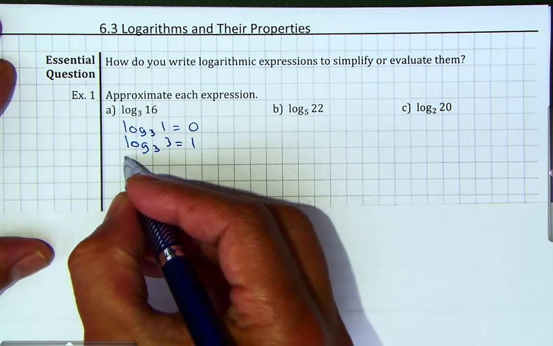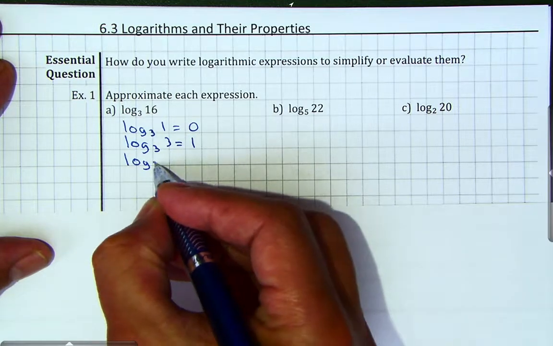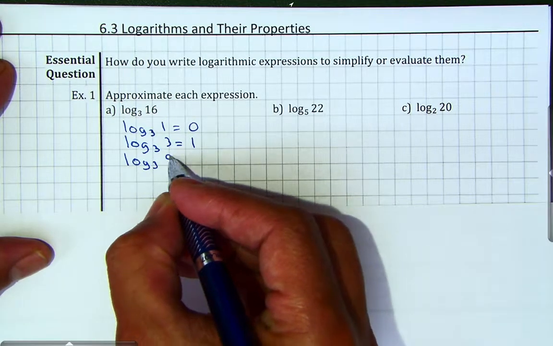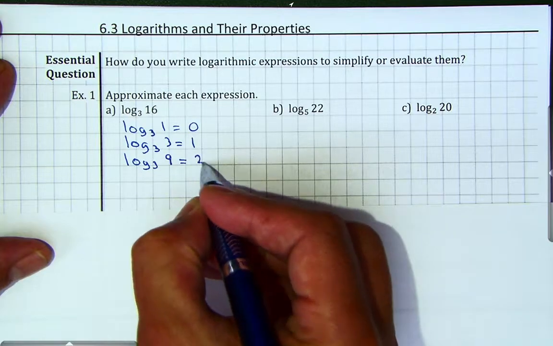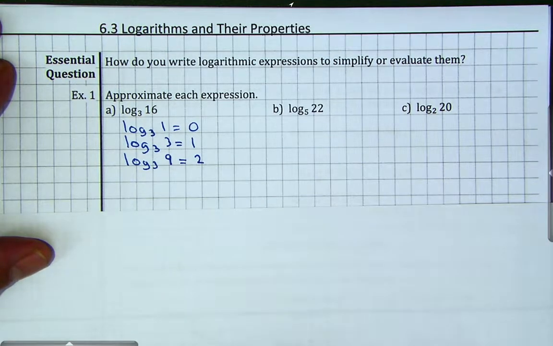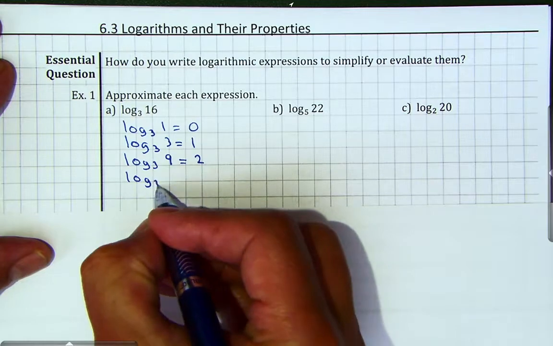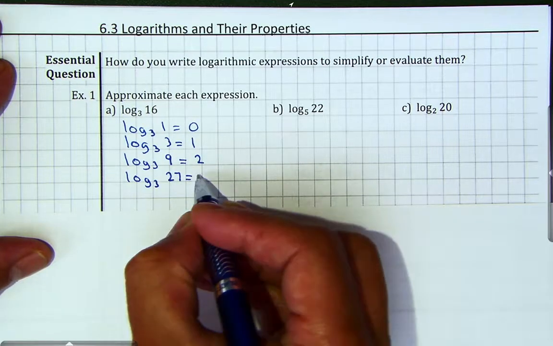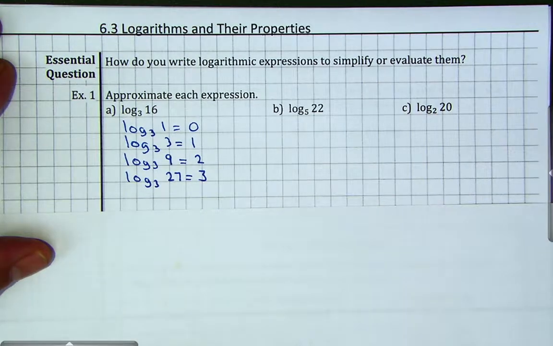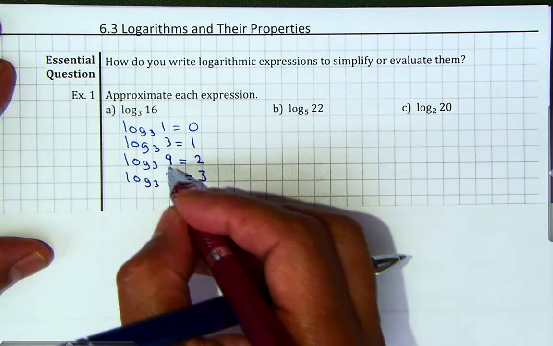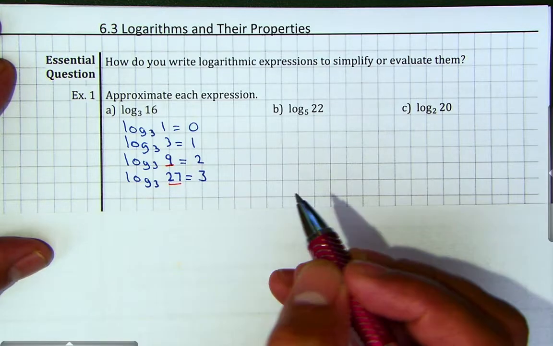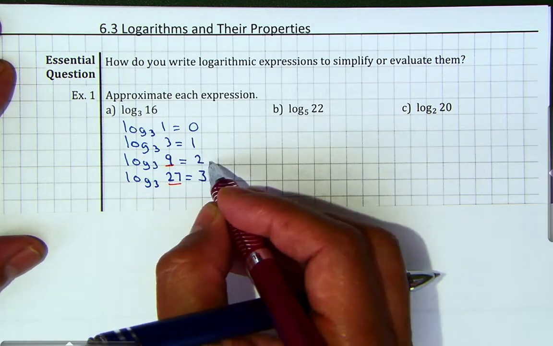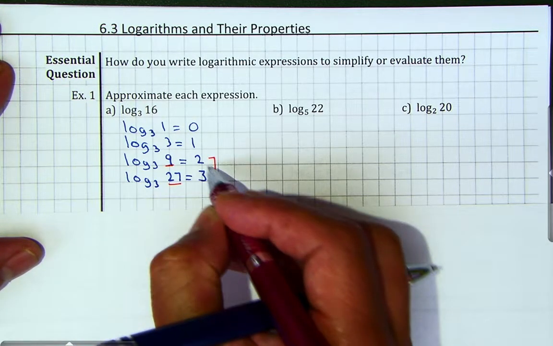So the next one will be the log base 3 of 9 is equal to 2. I know that the log base 3 of, which will be the next number, 27 is equal to 3. So therefore, 16 is between 9 and 27. So therefore, the value should be between 2 and 3.